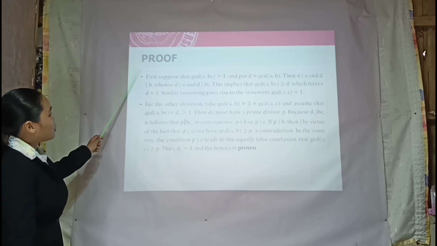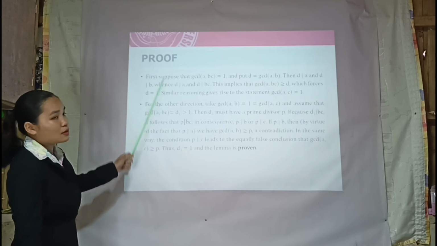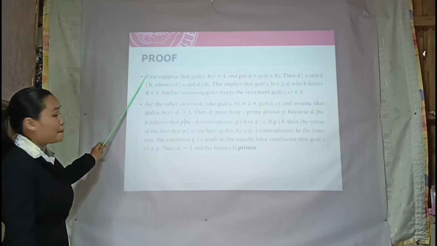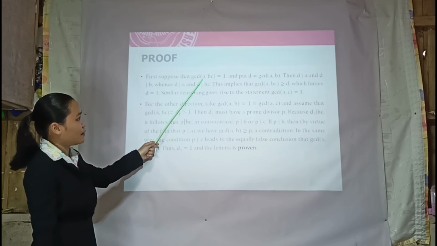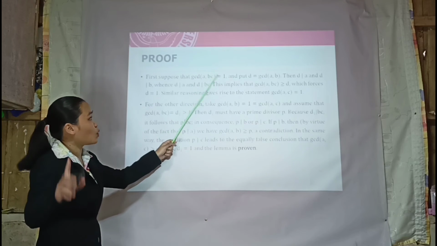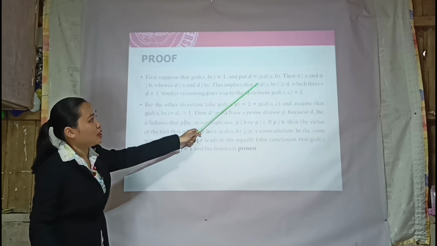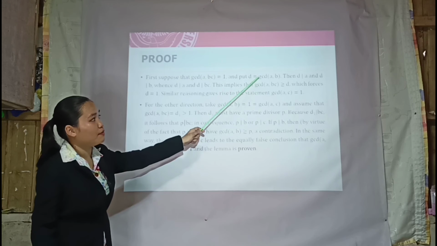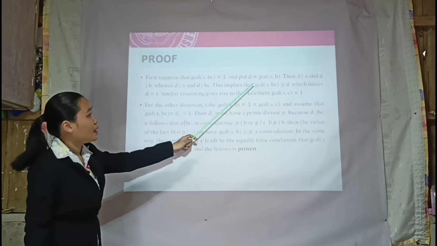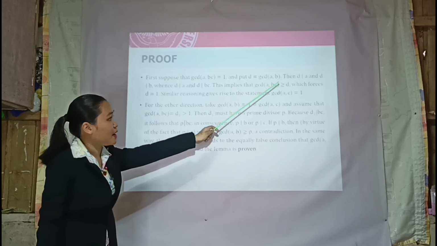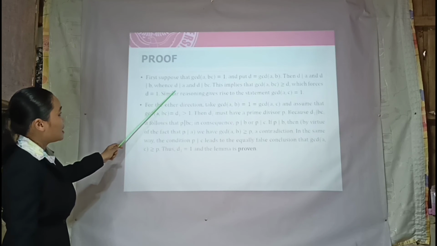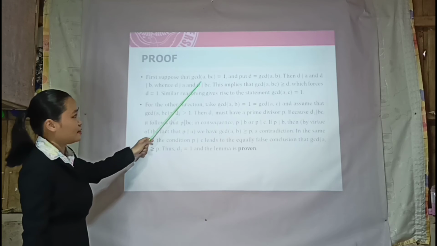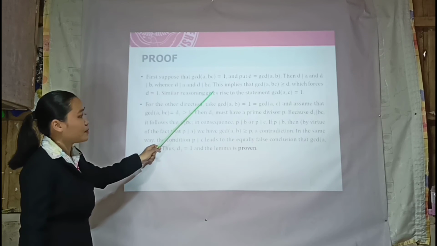So, proof first. For the proof of the lemma, suppose that the GCD of a and bc is equal to 1, and put d equals GCD of a and b. Then d divides a and d divides b, whence d divides a and d divides bc.